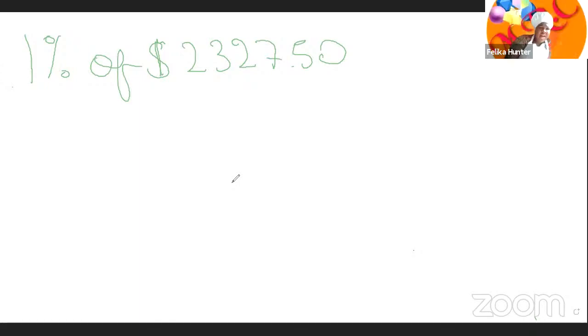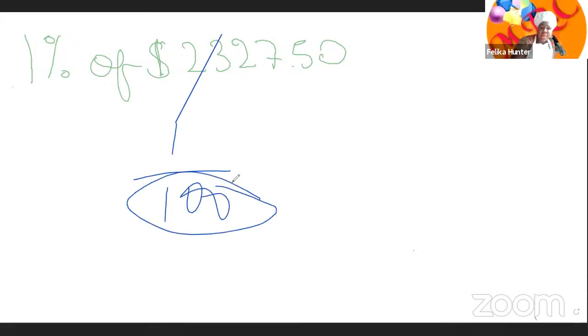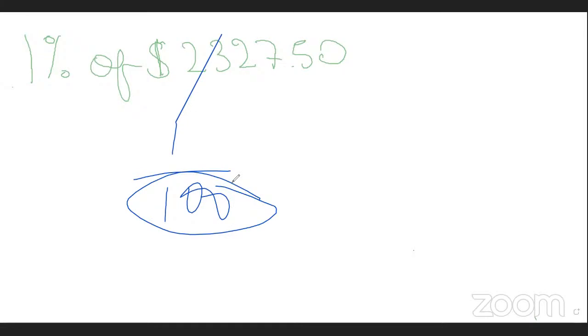If it's 1%, that means we're going to be dividing the number by? 1% is 1 over 100. What are we dividing by here? 100.